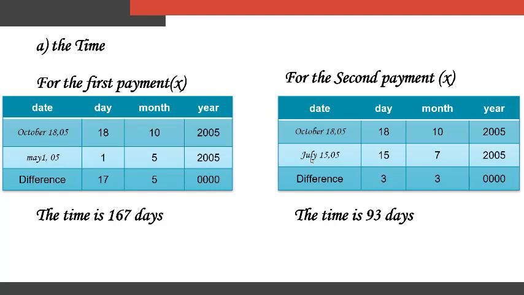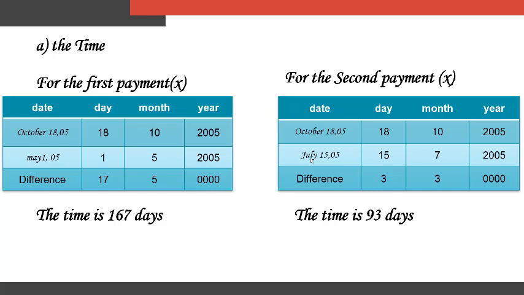We need to get the difference. 18 minus 1 equals 17, 10 minus 5 equals 5, and 0 years. To get the time in days, 5 months times 30 plus 17, so the time is equal to 167 days.